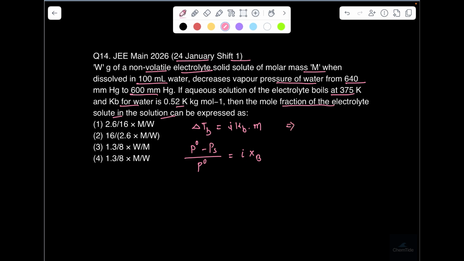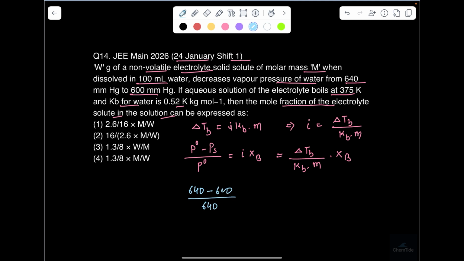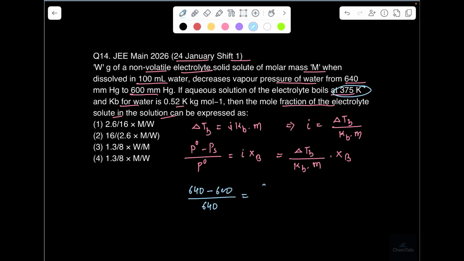So what we can do, we can calculate i from this case, delta Tb by Kb into m, and we can put it in this equation, delta Tb by Kb into m into Xb. Then we will get to know the answer. So P naught is given, that is 640, Ps is given 600. The boiling point is given here 375. It boils, so delta Tb is Ts minus T naught, so 375 minus 373.